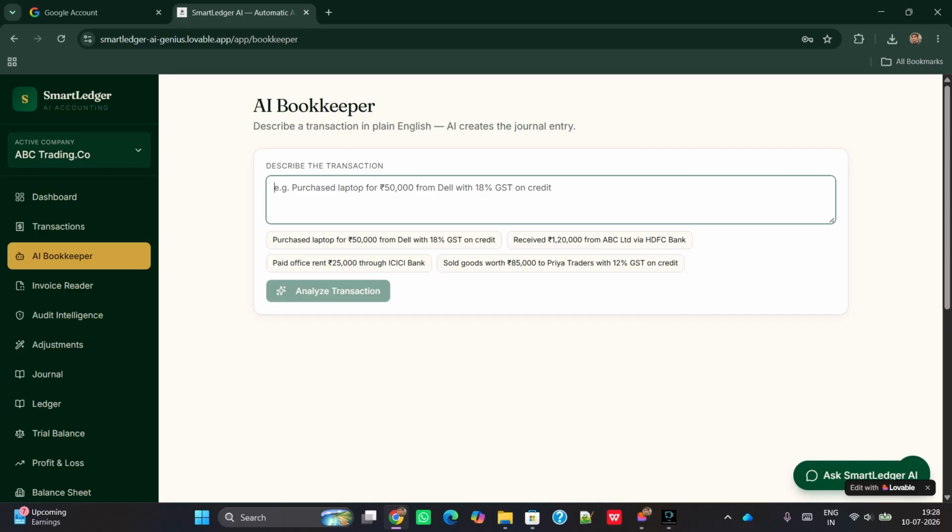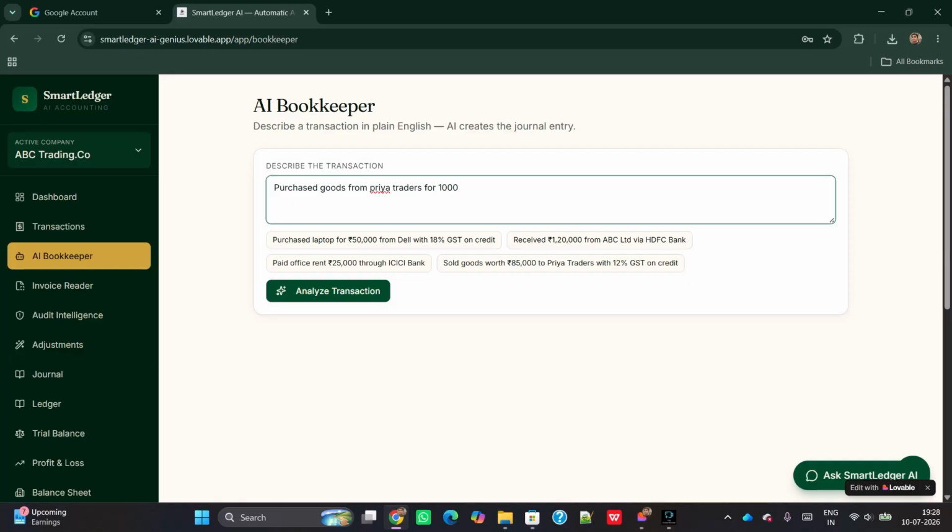So let's add on the transaction like we purchased goods from Priya Traders for 1,000.